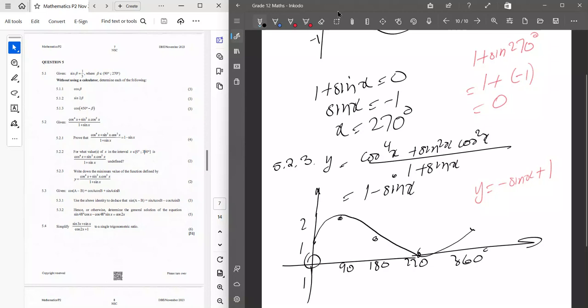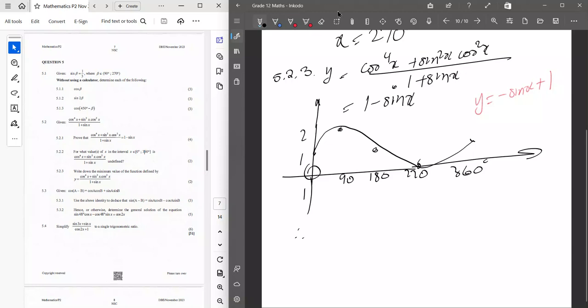You can therefore say, minimum value, what is it? Look at this. Minimum value is 0. Alternatively, you are supposed to say, what is the minimum value for sine x?